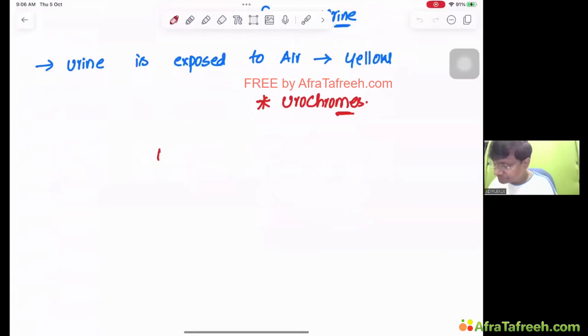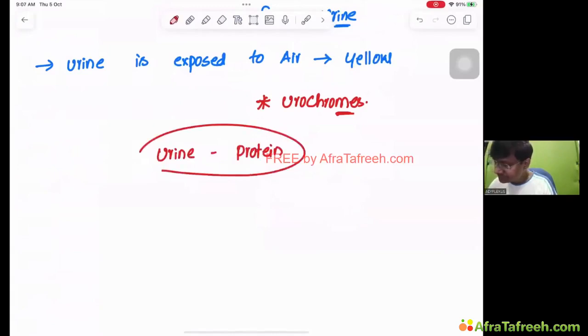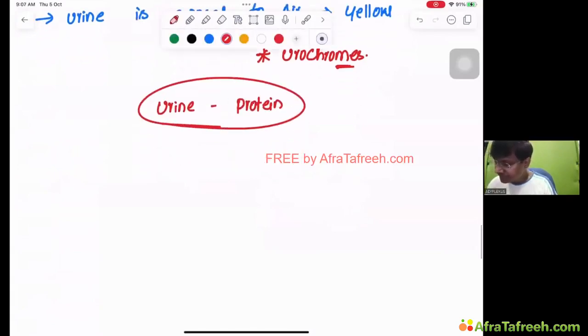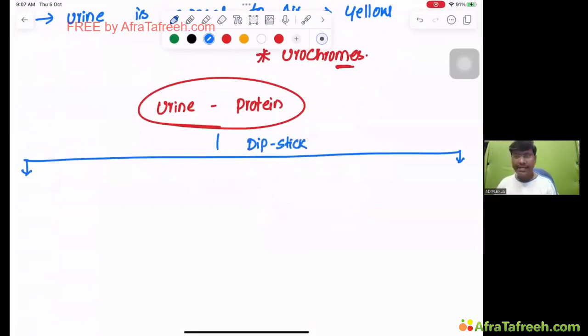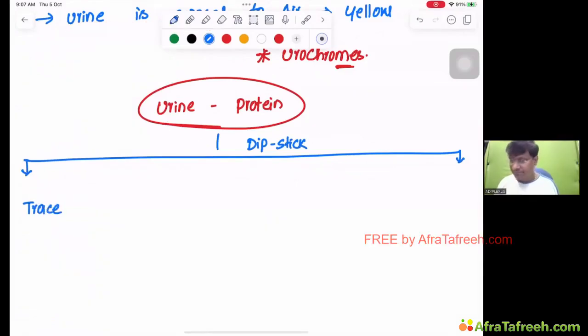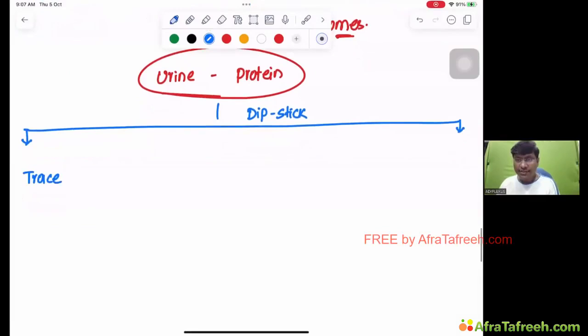So in the urine sample containing protein, the quantity of the protein in the dipstick has been found to be trace. When do you call trace?